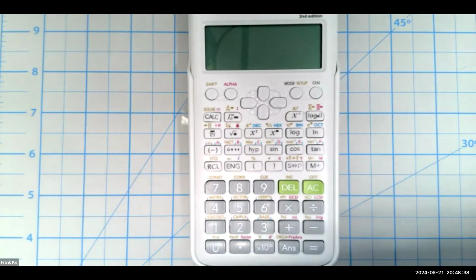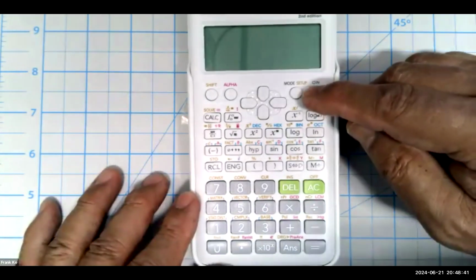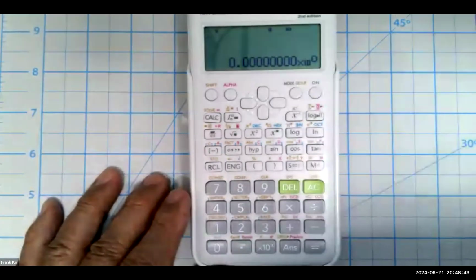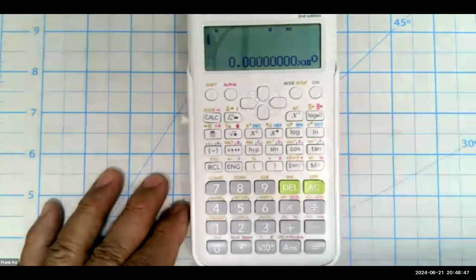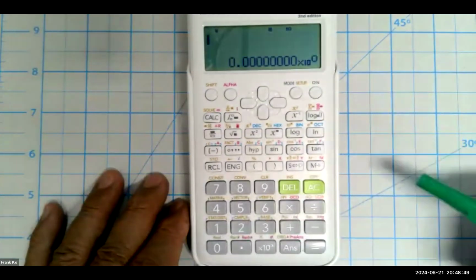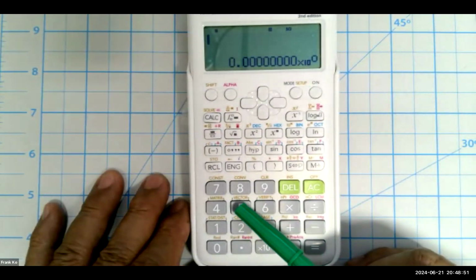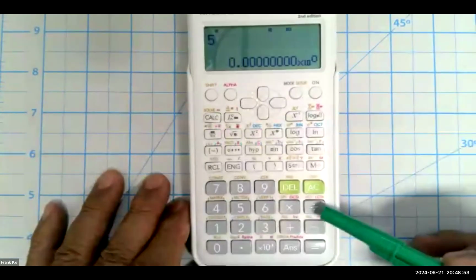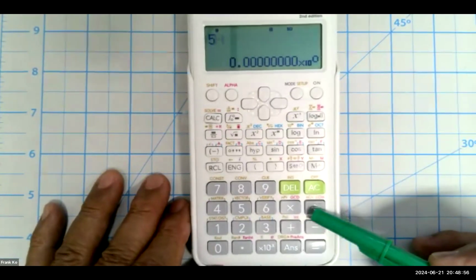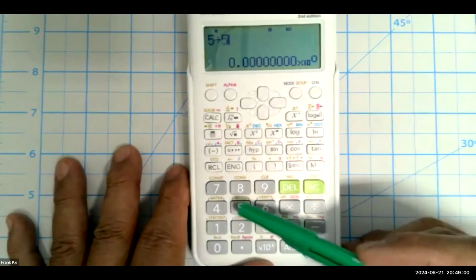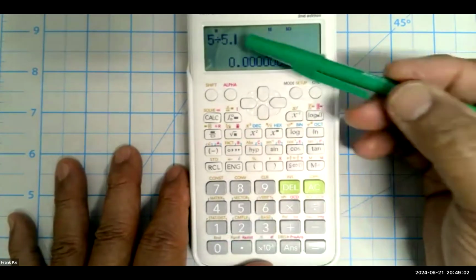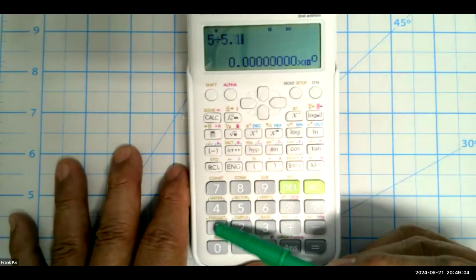Okay, so on a more standard scientific calculator, you turn the puppy on. And it was 5 volts divided by 5.1 kilo. So here's the 5. Boom, it appears. You hit divide. Divide shows, and we want 5.1. So it's 5.1.